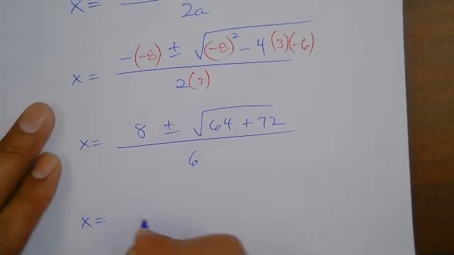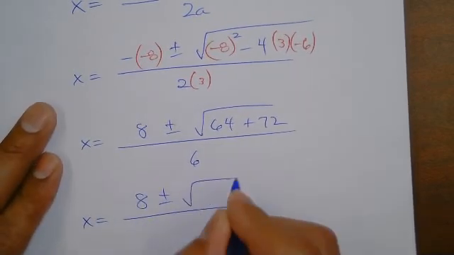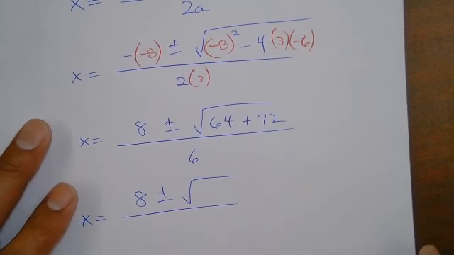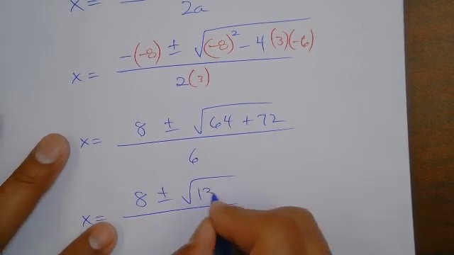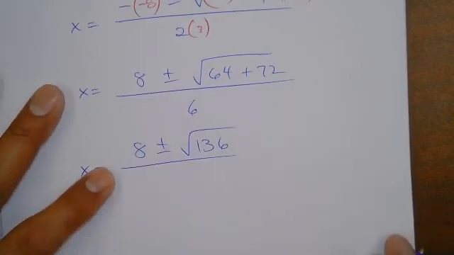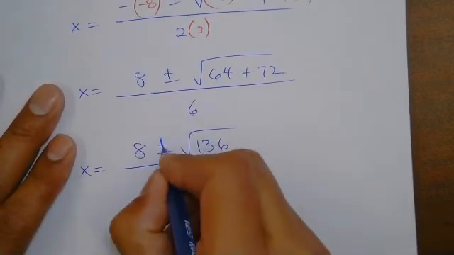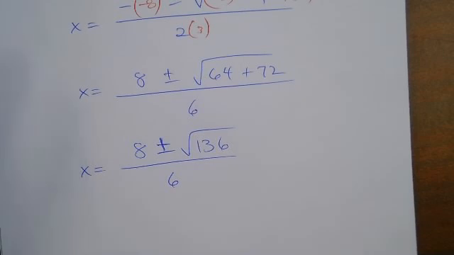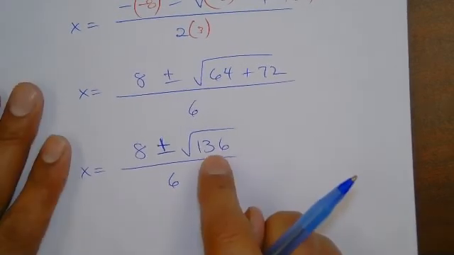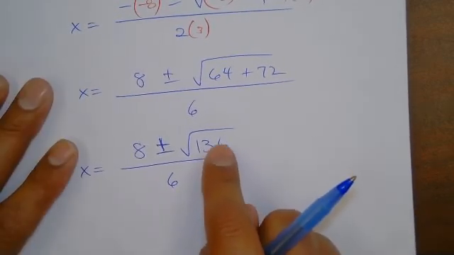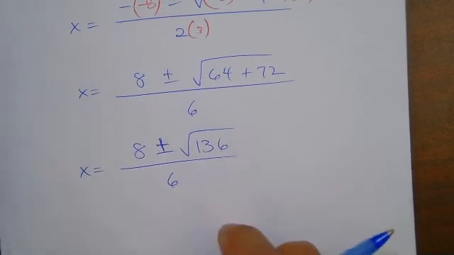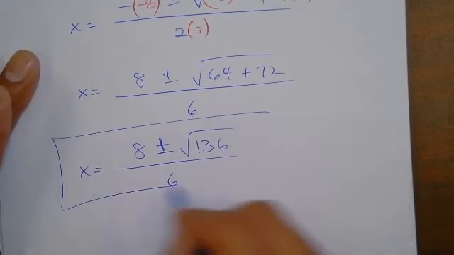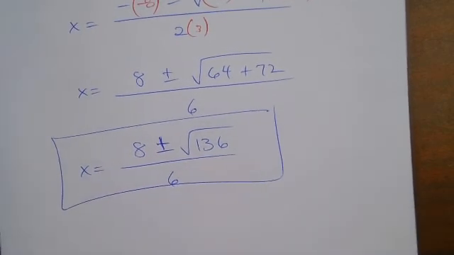Oh, shoot, you're right. Oh, I didn't put one that had a minus. Okay, 6. Is that right? That's going to be x is equal to 8 plus minus the square root of 136 over 6. Did everybody get this far? That's the answer.